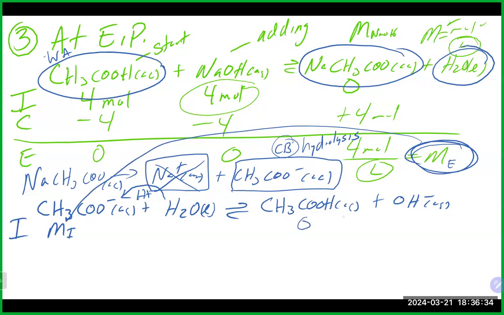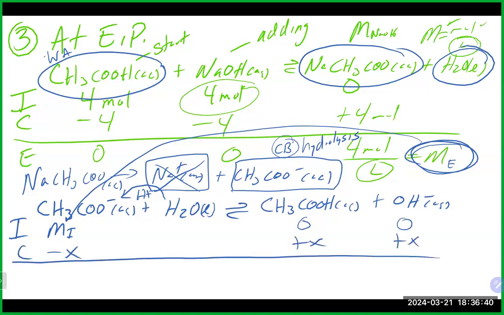This is going to be a table with x's. Minus x, plus x, plus x, which means initial minus x, x, and x. This is going to go into my K expression, which will be my products over my reactants.